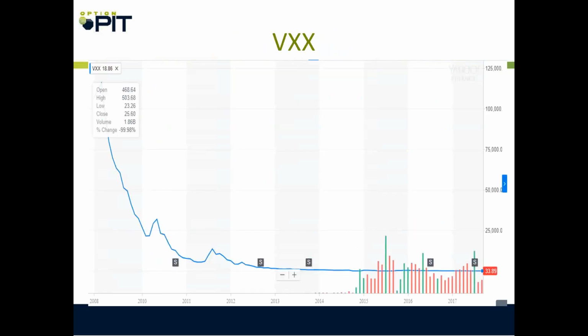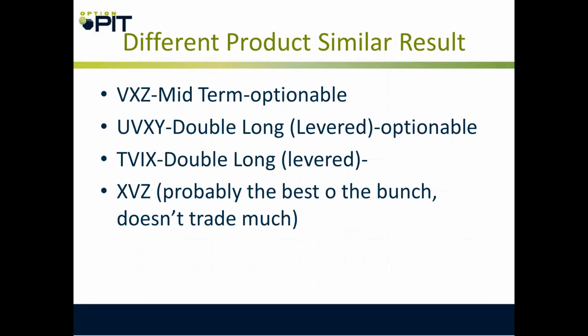Look at this thing, since 2008. Not so hot. So here are some other ones that are similar.